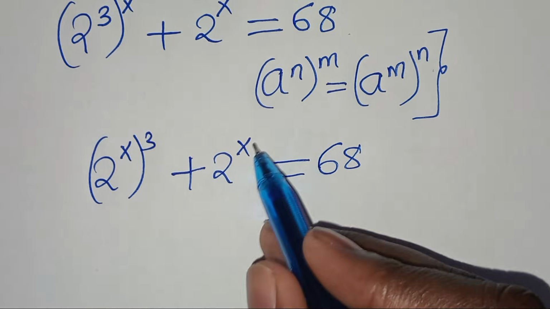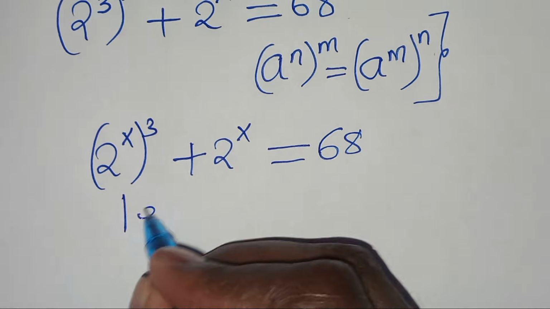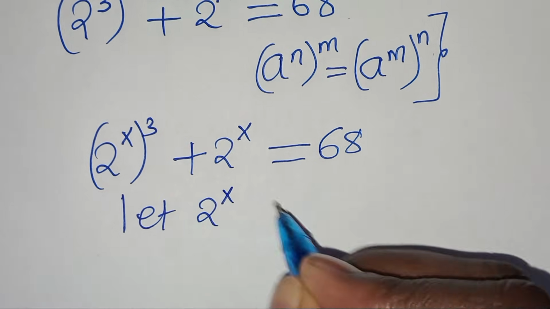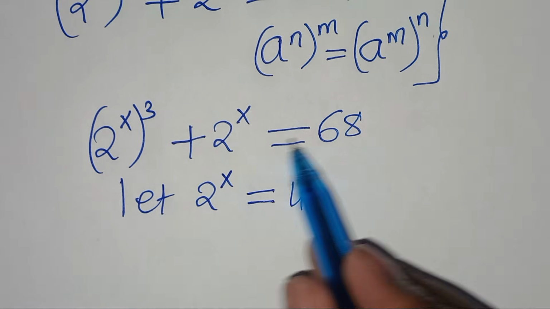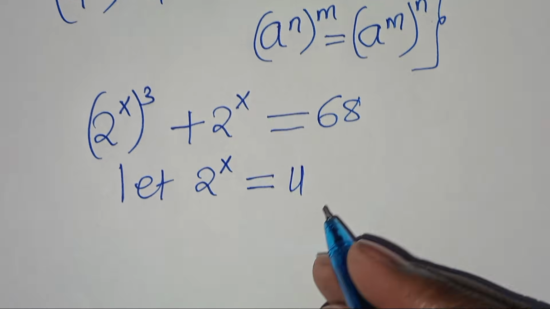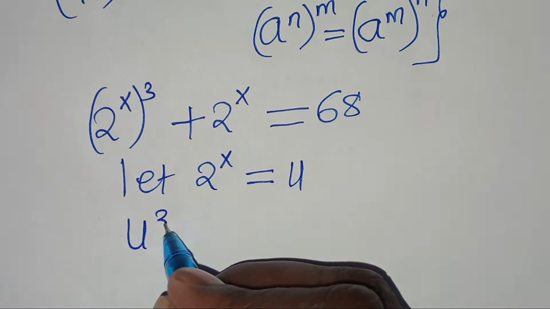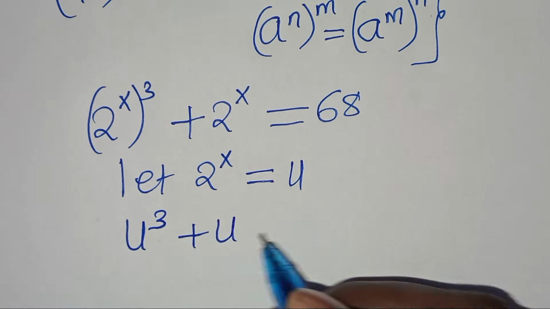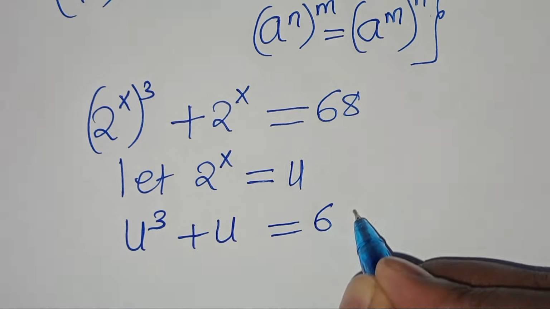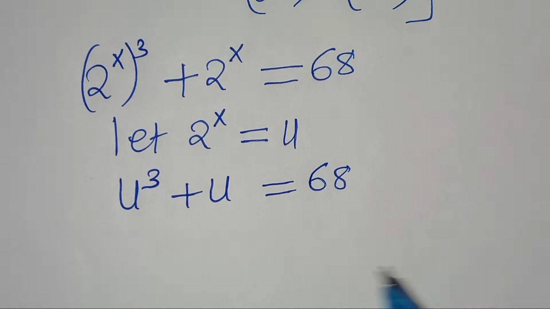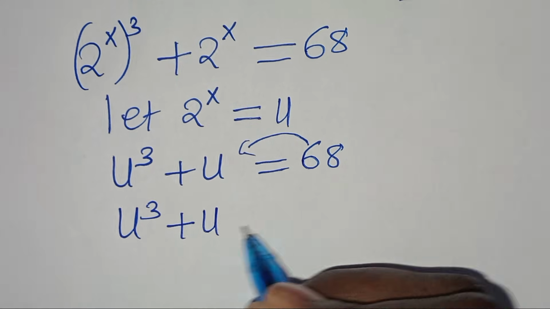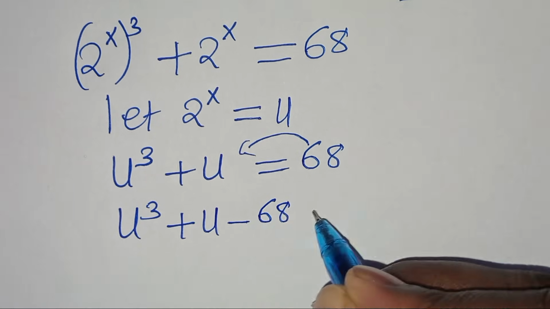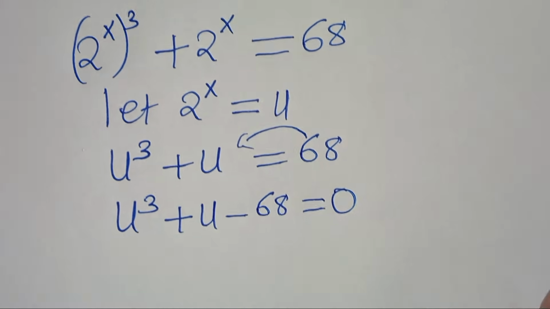Since 2 to the power of x is common here, we can let 2 to the power of x be equal to u. So let's express this equation in terms of u, so that we have u to the power of 3 plus u. This is equal to 68. Now, let's take 68 to the left hand side, and this implies we have u to the power of 3 plus u minus 68 equal to 0.